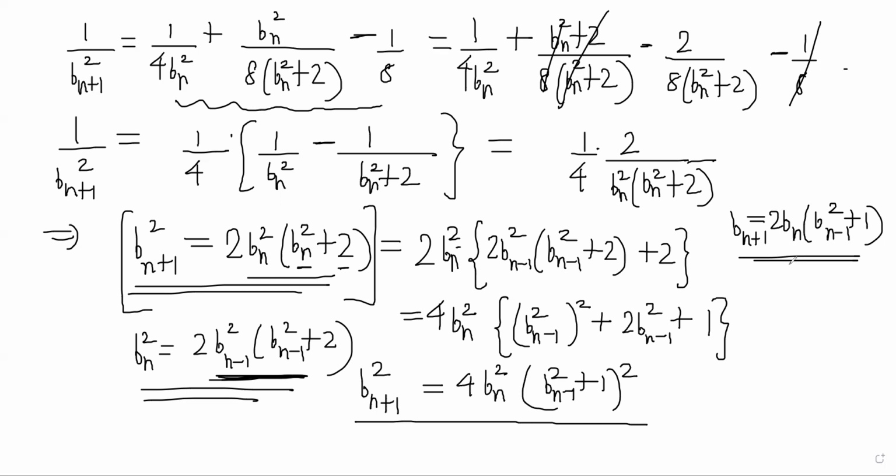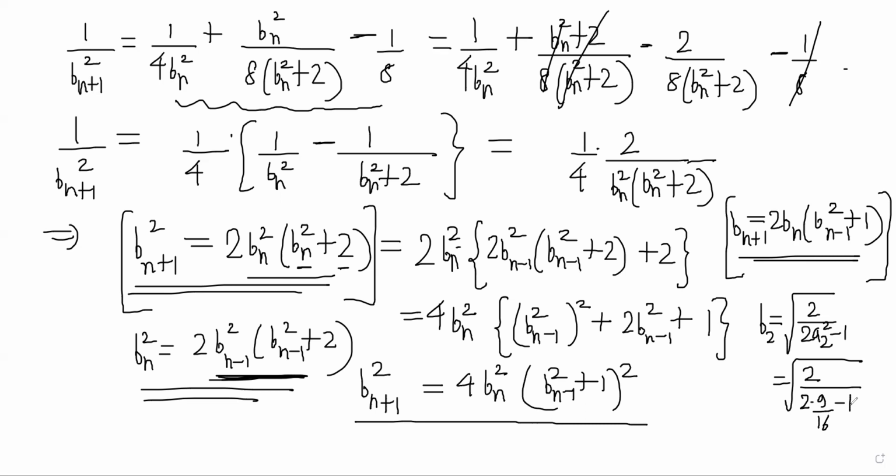Now think about it. Once you have this relation, we can start putting some values. If you look at the original relation, b2 was equal to root over 2 by 2a2 square minus 1, which was equal to root over 2 by 2 into 9 by 16 minus 1. Okay, I'll just do it on the next screen.